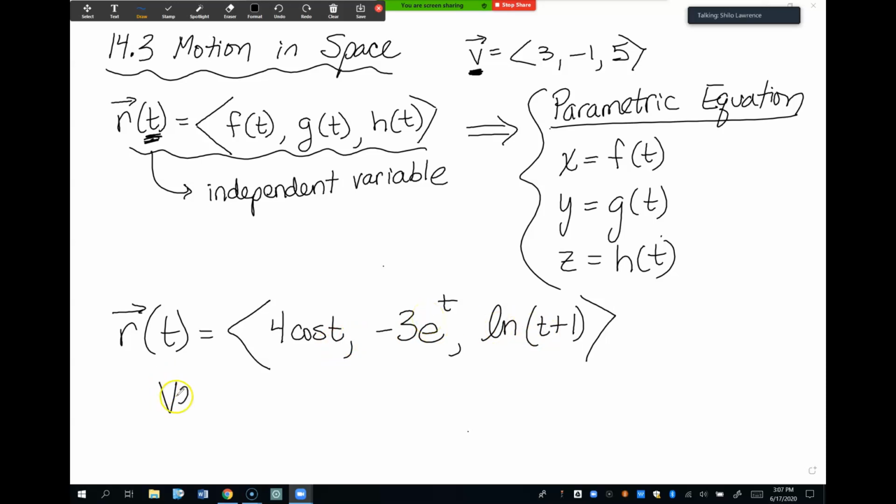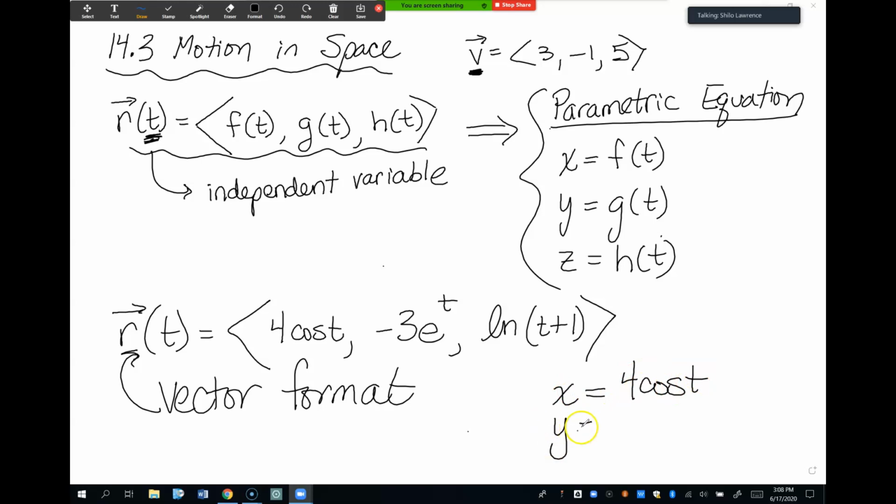So this would be vector format right here. But if it makes more sense to you, or based on the type of problem you're doing, you could also write x equals 4 cosine t, y equals -3 e to the t, z equals natural log of t plus 1. So these mean the same thing, and being able to go back and forth sometimes is helpful.